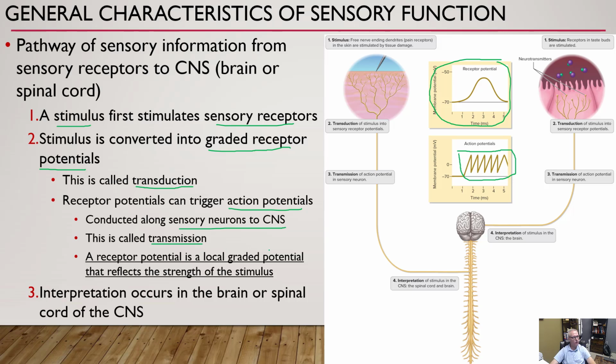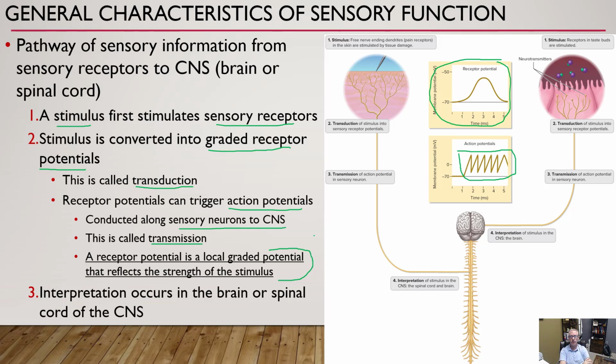Now we talked about this in chapter 10 that the receptor potential is called a local graded potential that reflects the strength of the stimulus, in that you can differentiate me whispering versus shouting. You can differentiate something that is lukewarm versus something that is boiling hot.